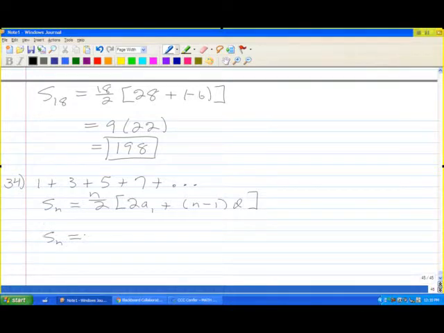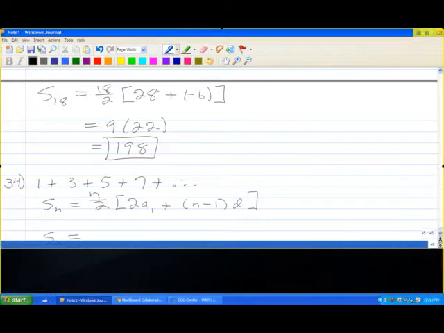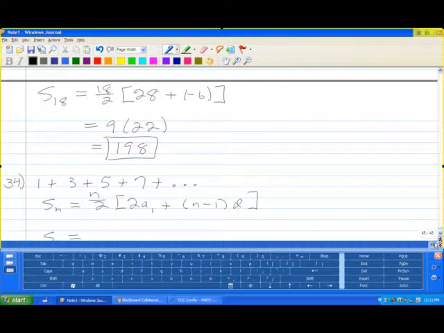So now we're actually going to derive it. So what's the sum of the first n odd terms?